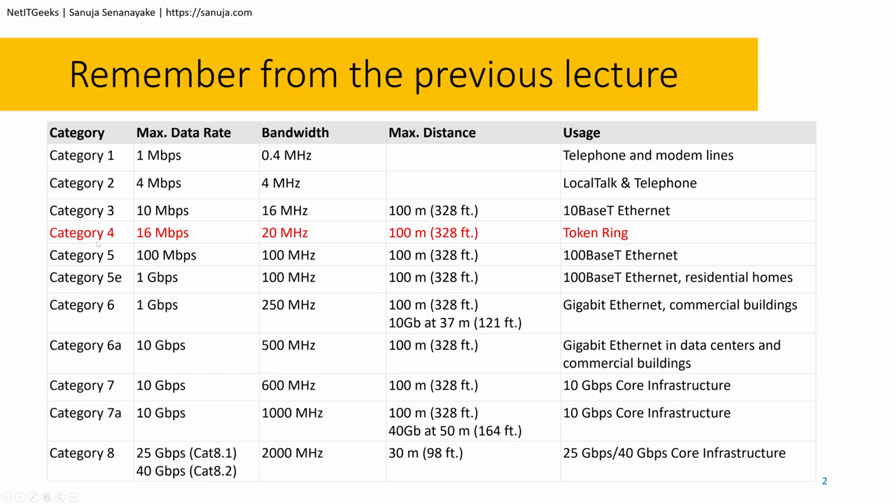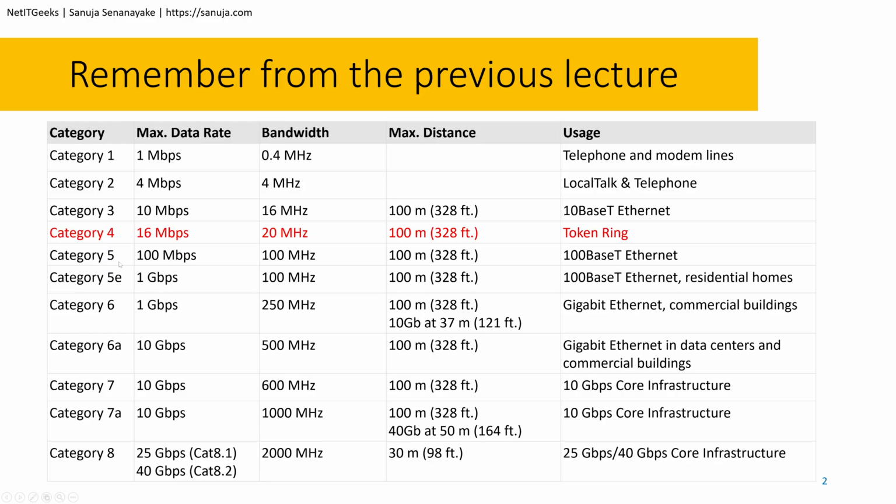And then Cat 4 is a special cable that is used in the token ring system, which went out of favor very soon after it was introduced later that decade.